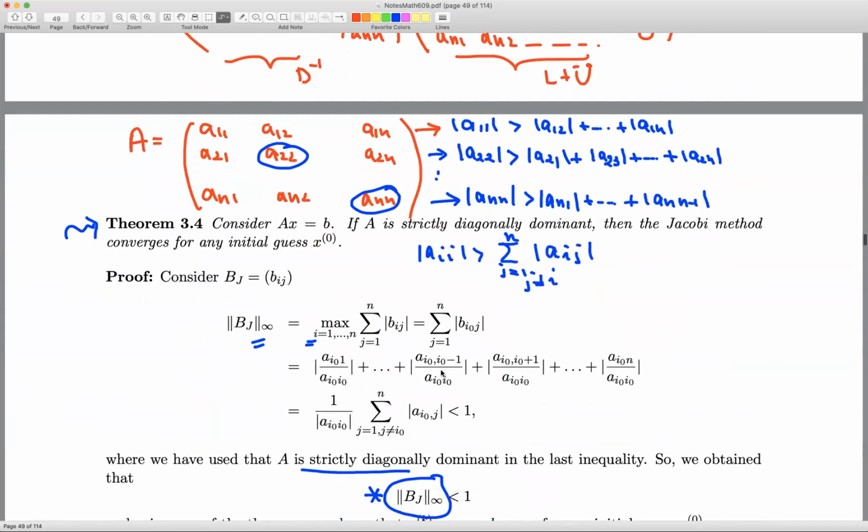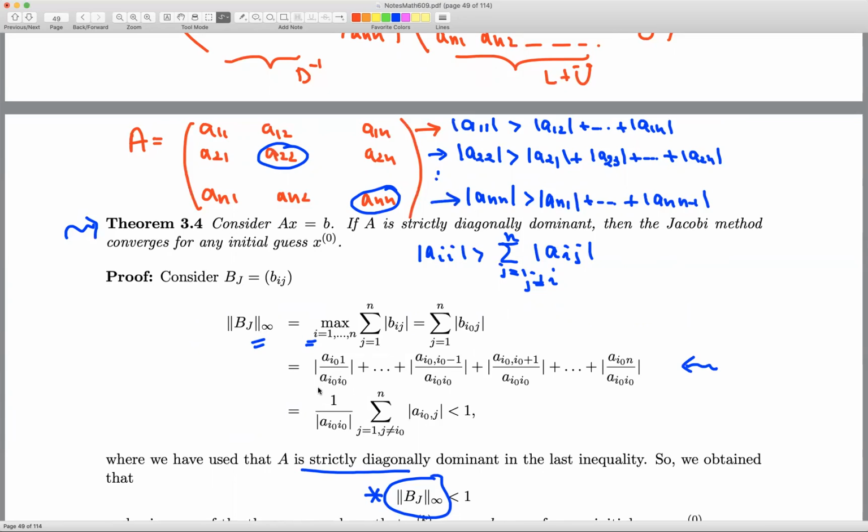So that's why I'll have a_{i0,i0-1}, which will be the i0 minus 1 column, divided by a_{i0,i0}. Then at the element of the row that corresponds to column i0, I'll have 0, and then it will be plus a_{i0,i0+1}, and so on. So this will be the sum of the absolute values of the elements on the i0 row of Bj.